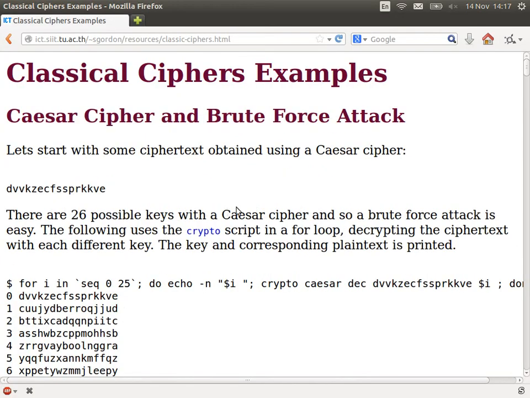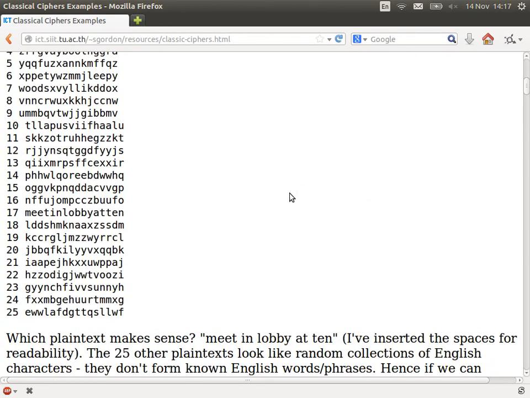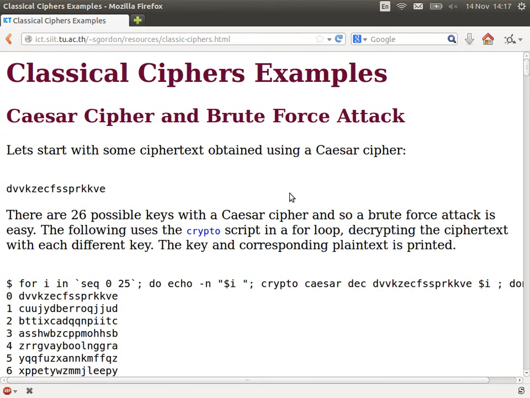If you don't see why that's the case, I've got some examples on this website, I'll point you to later, about Caesar cipher and brute force.